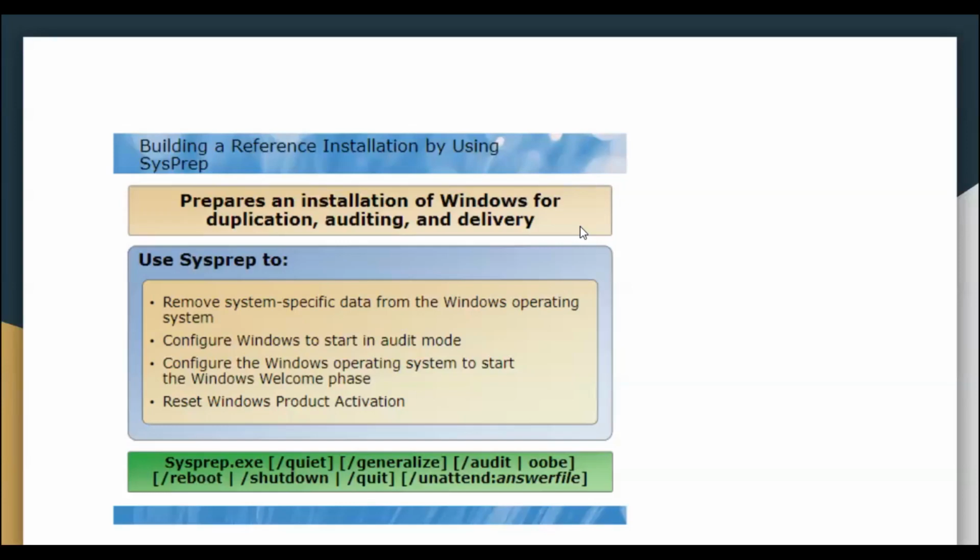In the shutdown options drop-down, select Shutdown and click OK to complete the process. Now Windows 7 will perform certain tasks automatically for the Sysprep process and then shut down the computer.